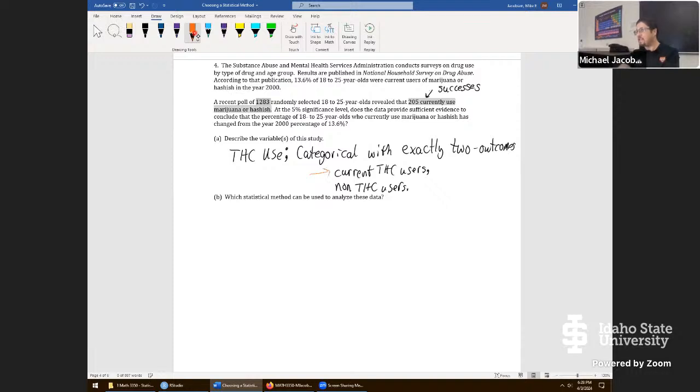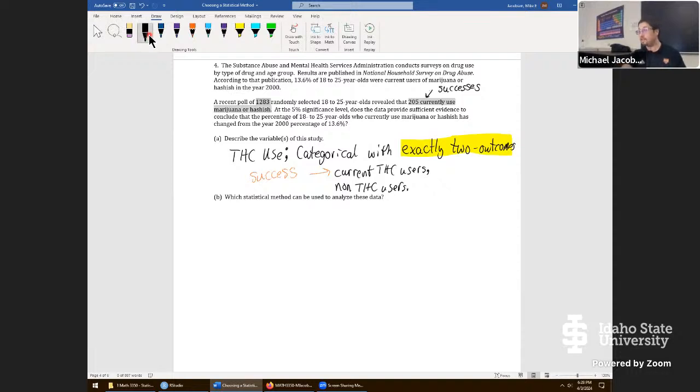And this one was the success. Not that we're trying to promote THC use amongst the young adults, but that's what we were interested in, so we call it a success. So right here, you have exactly 2 outcomes.